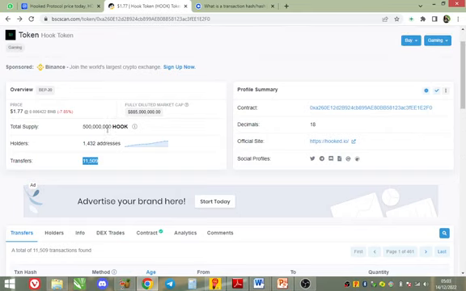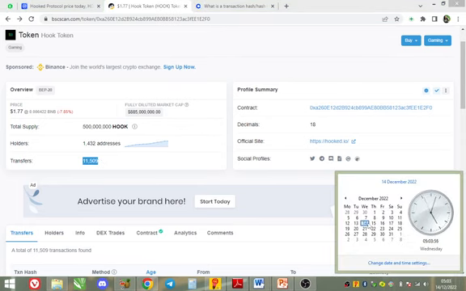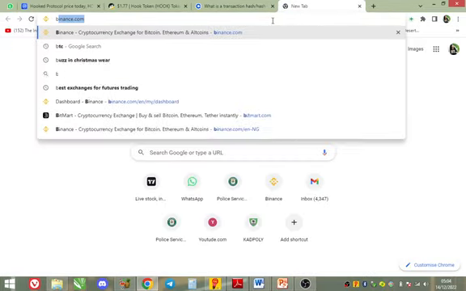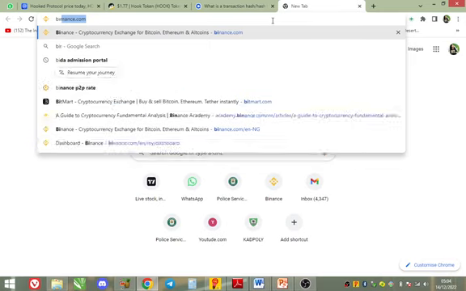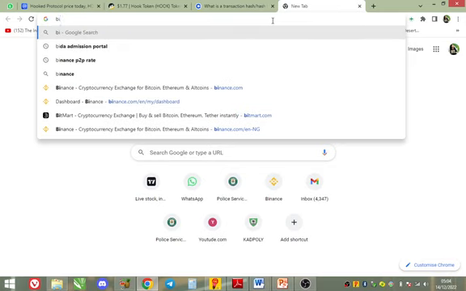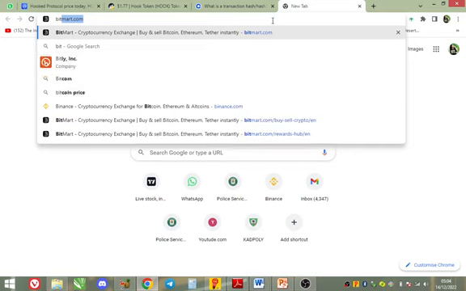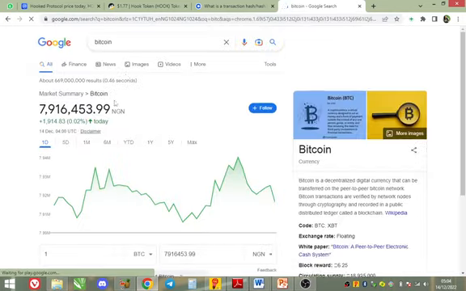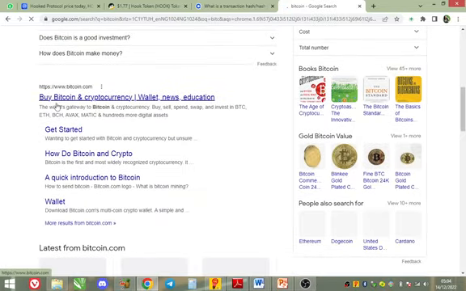I think the Hook token was launched on the first of December, and we're just on the 14th of December, and you already have 11,509 transaction count. If you go to Bitcoin, which has already been created for long, let us click on Bitcoin so that I can actually show you.